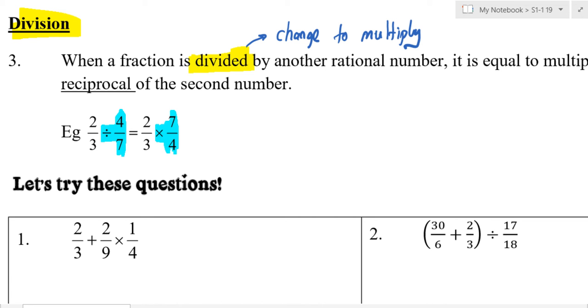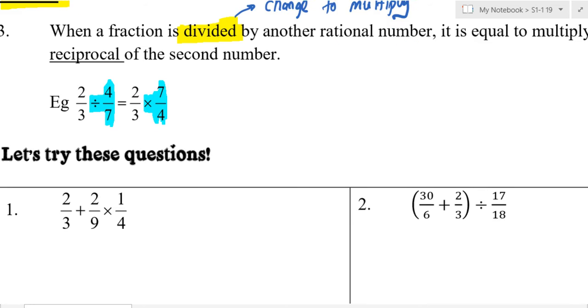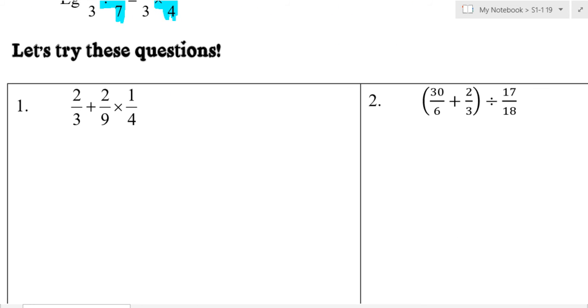Then 3 times? Like that. Okay? You can divide. Right, let's try the first question. The difference is if you take numerator times denominator, wrong. Take numerator times numerator, correct. That's the difference.